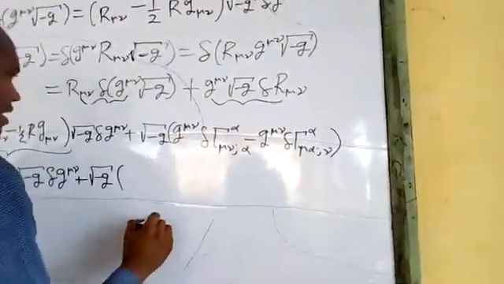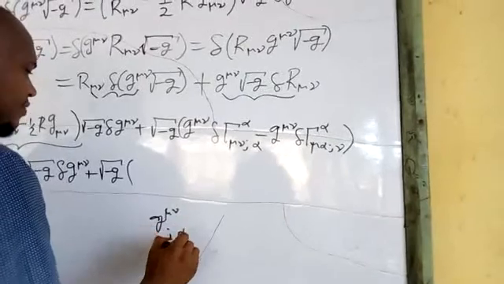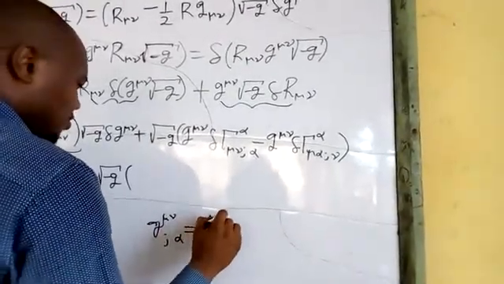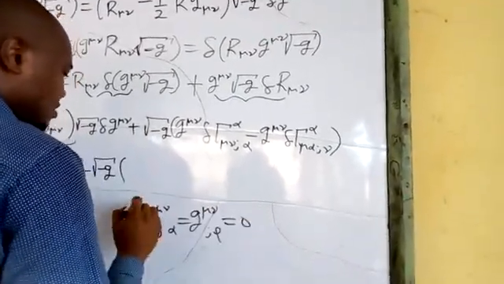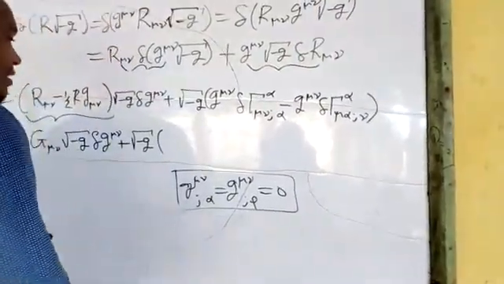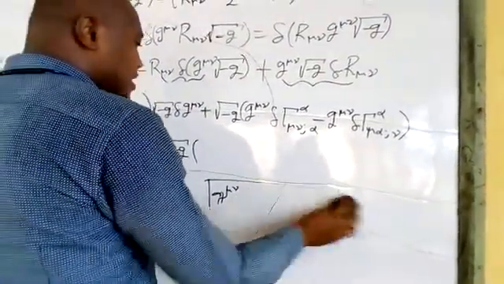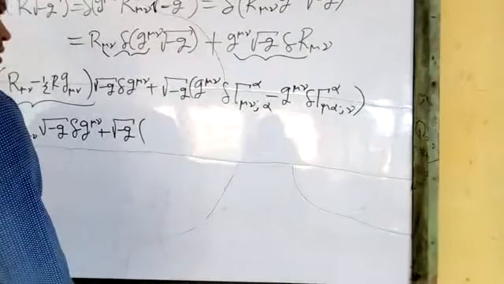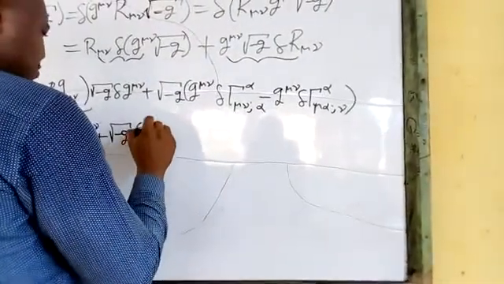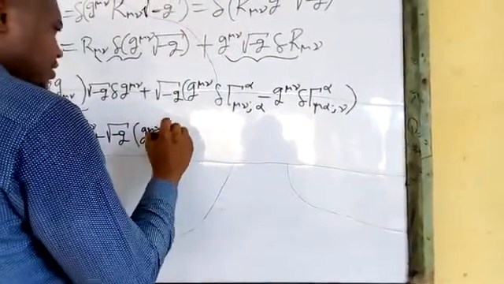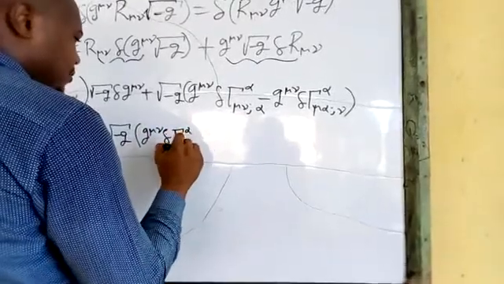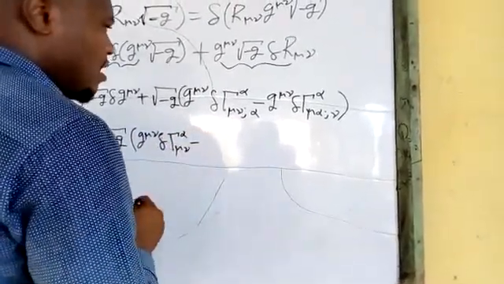So we know that g_{μν} covariantly differentiated with respect to alpha, or with respect to anything at all, is always 0. The fact that that is the case means that I could write the second expression as g^{μν}, variation of Γ^α_{μν} minus.